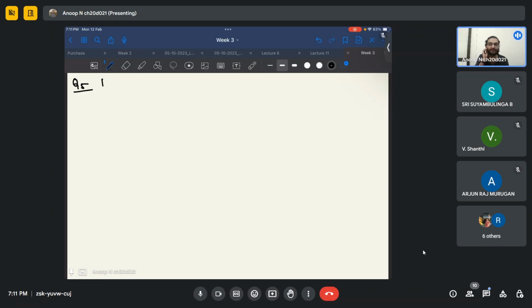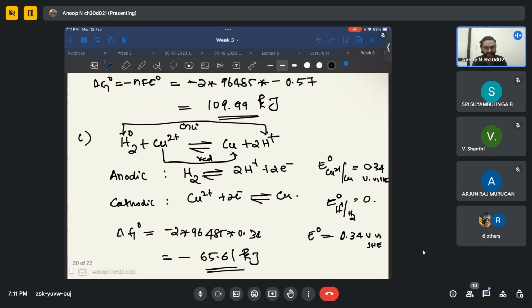Or water we cannot split into hydrogen and oxygen on its own. When we apply potential, it is happening. So you can think it is not a practically derived problem, it is just a numerical problem. So delta G can be positive or negative. In this problem, we don't have any significance in that, but generally when we say delta G negative, it's thermodynamically feasible, delta G positive means it's infeasible.